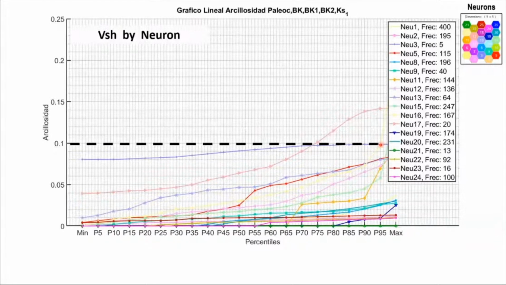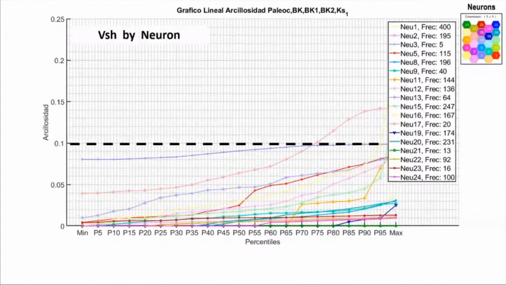As you can see, this is the legend for the neurons. Not only the neurons, be aware of the frequencies, or the number of times that each neuron has this property, V shale.